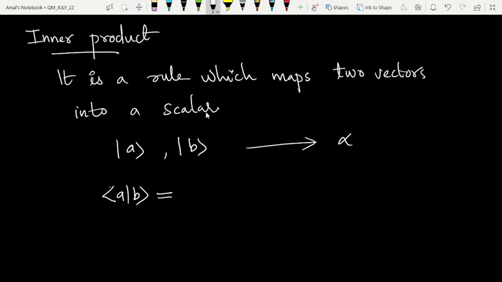It says that A and B written like this is equal to alpha. This reads as inner product of A with B is equal to alpha. So this is the notation, and this notation is known as Dirac's notation.